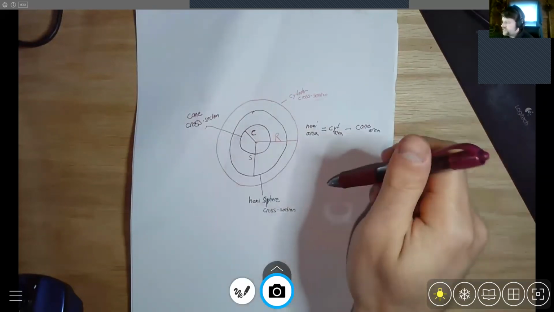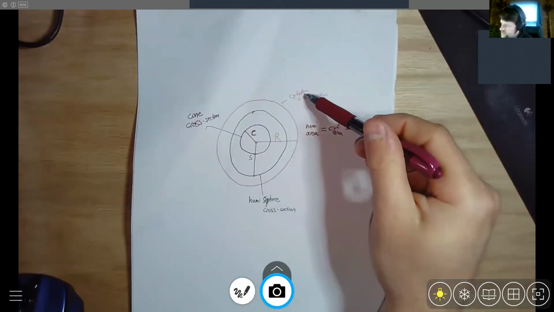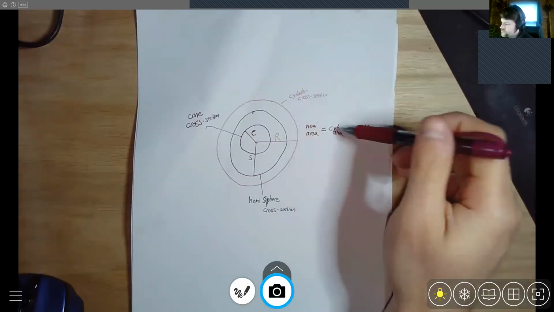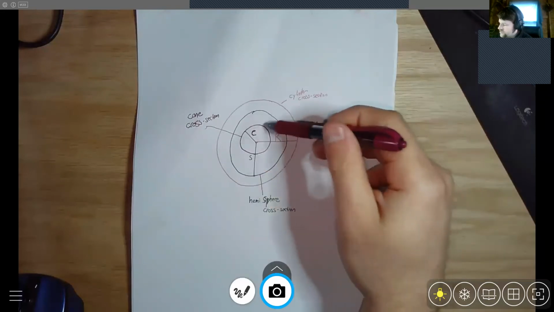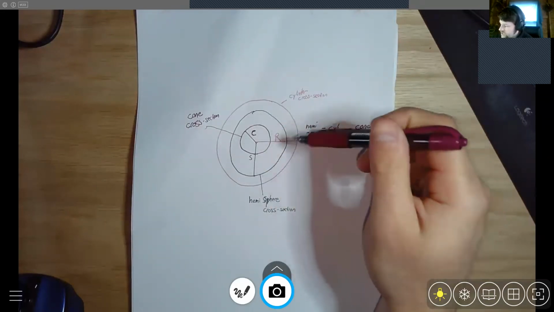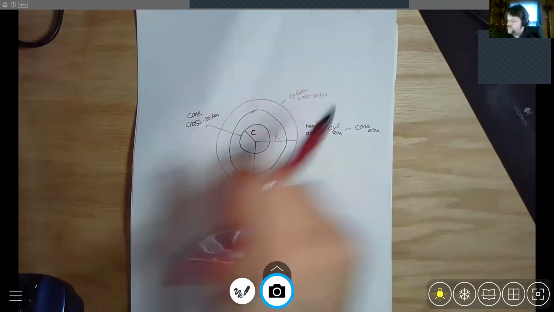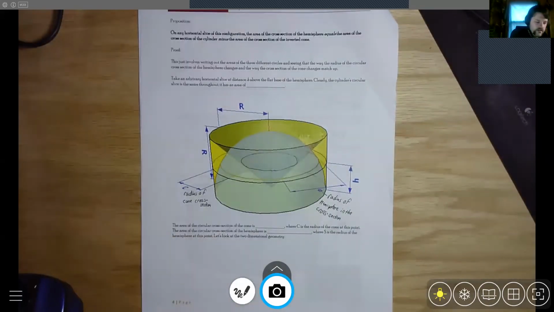So no matter where we cut this slice from, if we take the cylinder cross section and subtract the cone cross section, we're going to get the area of the hemisphere cross section.